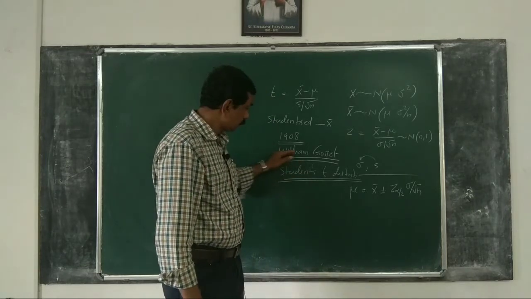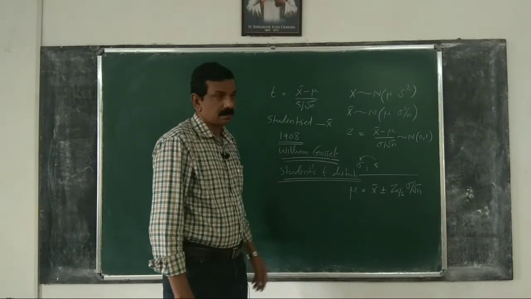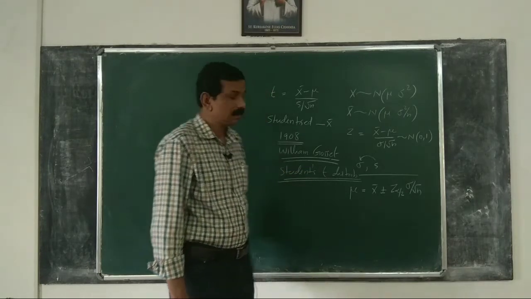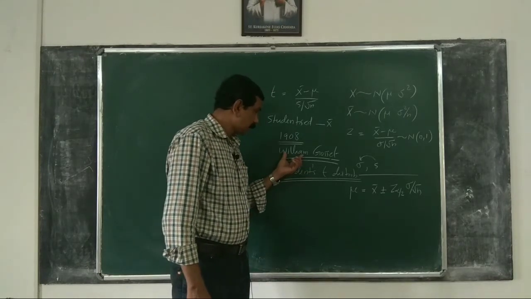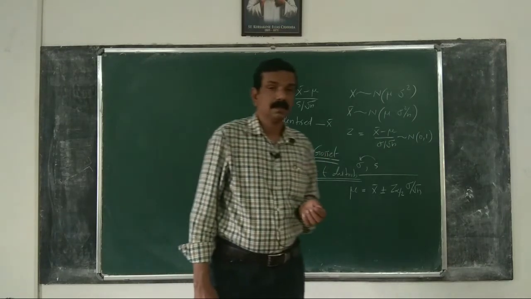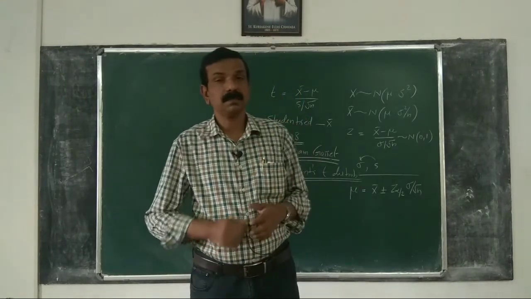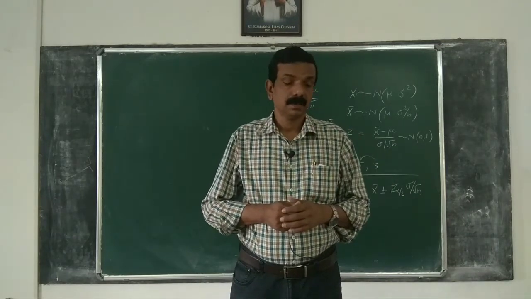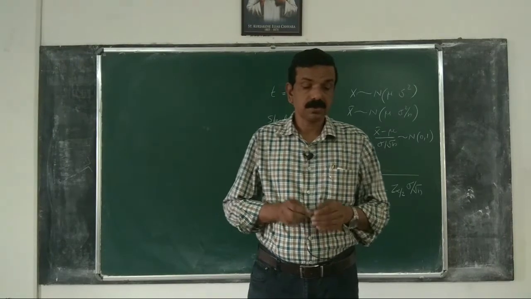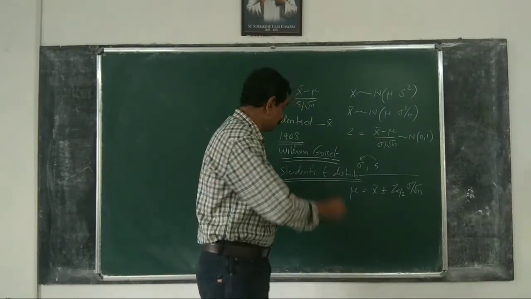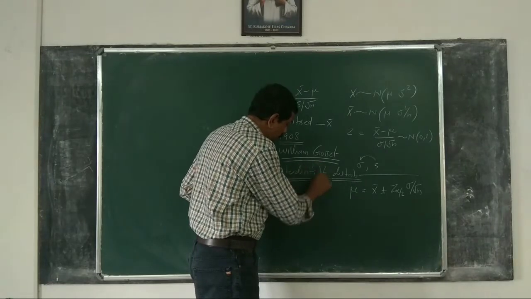It was introduced by William Gossett, but it is known as Student's T distribution because the company where William Gossett was working prohibited its employees from publishing papers. So he used a pseudonym, Student, and published papers using this pseudonym.